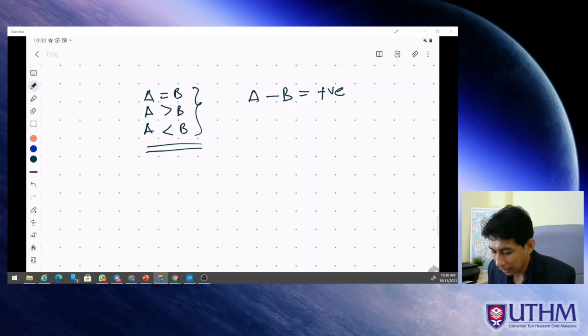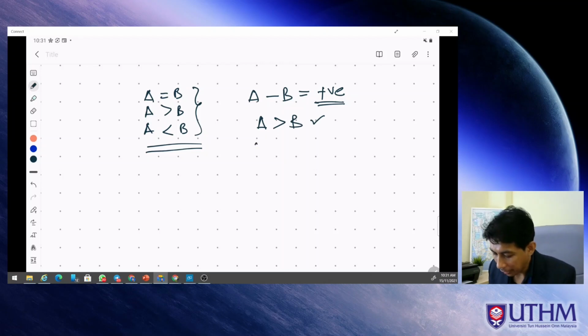If a minus b is positive, a can be any number, b can be any number, but if we have a minus b and the result is positive, what does that mean? That means a bigger than b. Yes, correct. So this means that a greater than b.